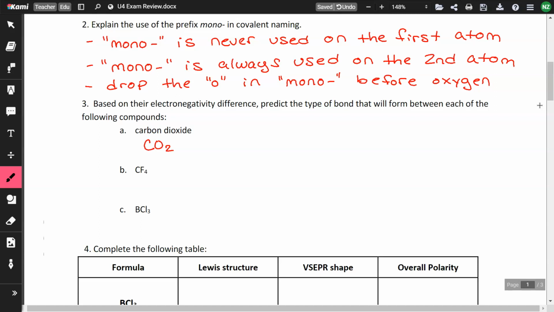These values should never be negative, so you always take the bigger number minus the smaller number. Okay, so in this case, when we look up our numbers, we have 3.44 minus 2.55. We get a value of 0.89. And if you look that up on the bottom of that table, there's a range, and that falls in the range of polar.